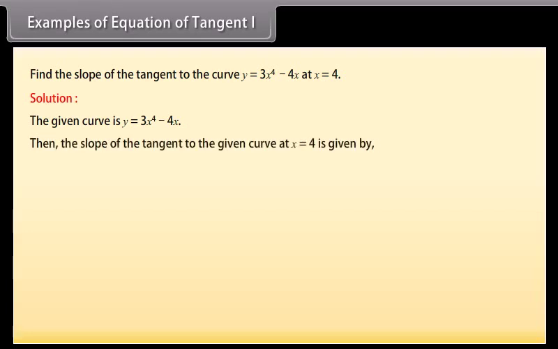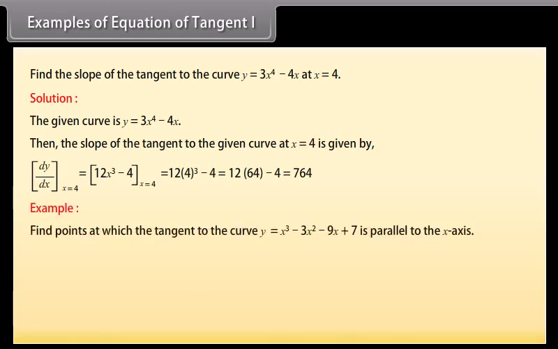Then, the slope of the tangent to the given curve at x = 4 is given by dy/dx at x = 4, which is 12x^3 minus 4 at x = 4, which is 12 times 4^3 minus 4, which can be solved to 764.